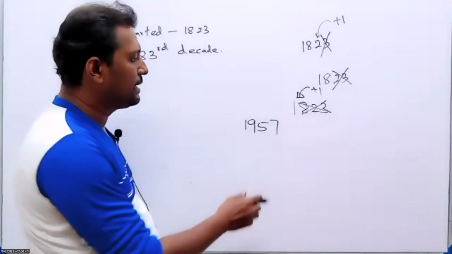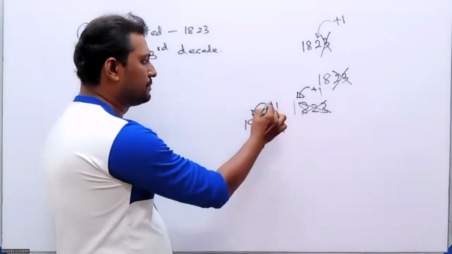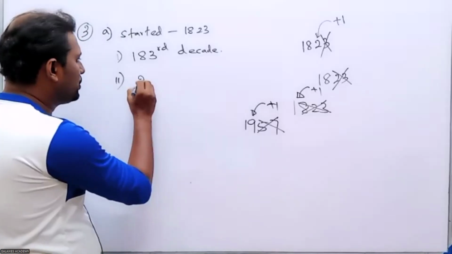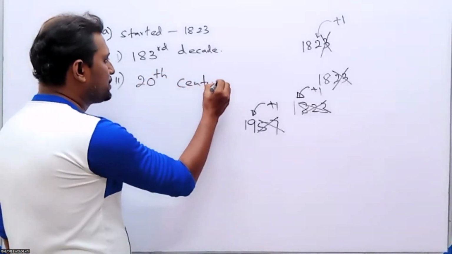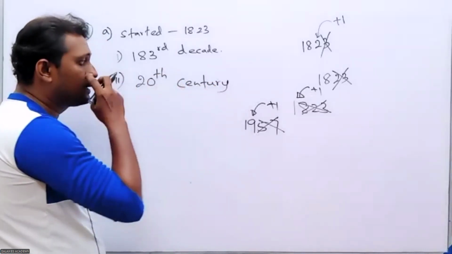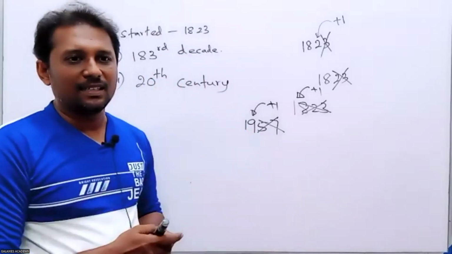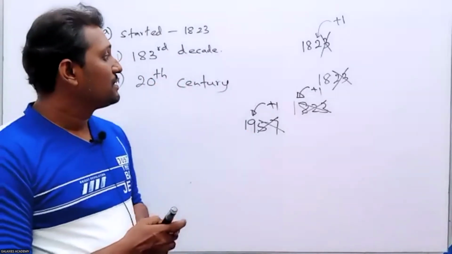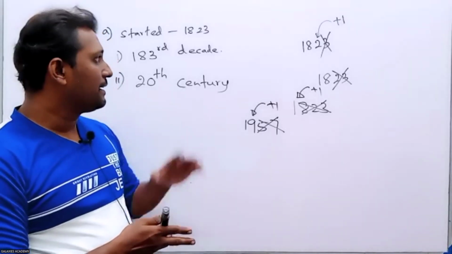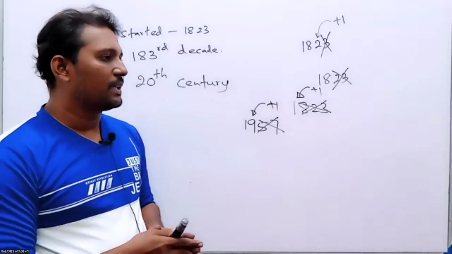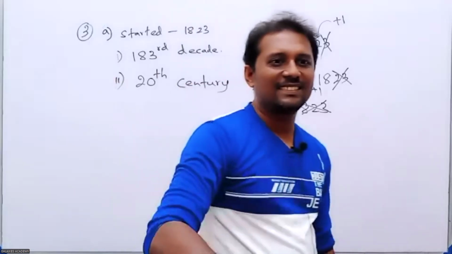To find the century, you remove the last two digits, then add one. So what is the century? The 20th century. The school was started in the 19th century. Pathiraja was born in the 20th century.